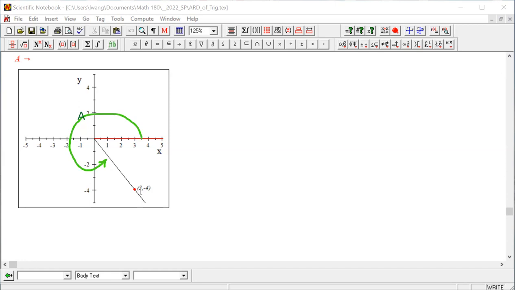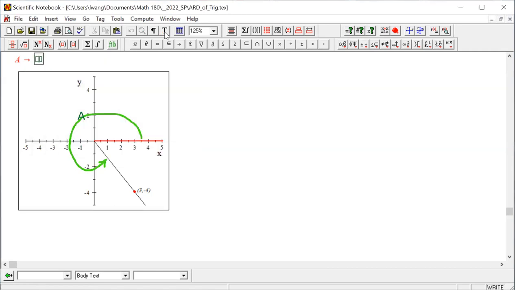And the point I choose is 3, -4. With that choice, I know what is x, what is y, and what is r. Once again, I know sine is a function. Sine function produces a ratio, and that ratio is y over r.